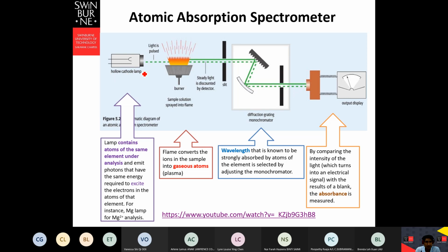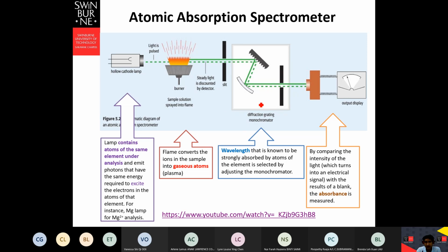And then the light is absorbed by this vapor or atoms, and the light passes through many processes, and at the end it goes to the detector. The detector detects which of the wavelengths was absorbed by the vapor atoms, and that is absent from the output wavelength.